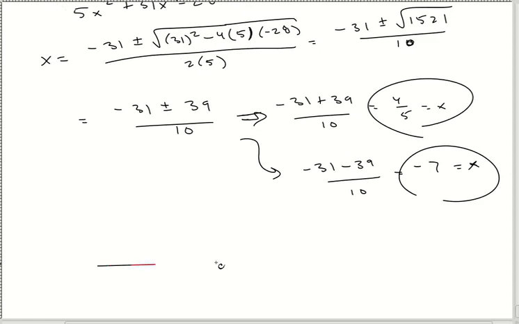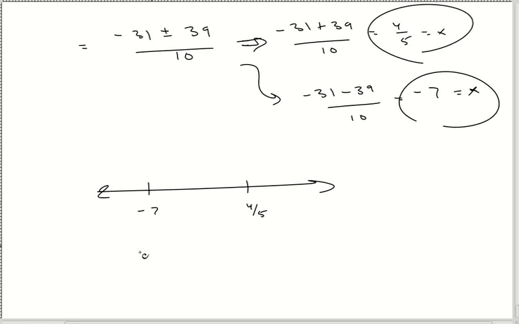Again, I'm going to set up my number line and start testing these intervals. So I got negative 7, and I got 4/5. And I want to see some numbers in there. So let's test some numbers. What's an easy number over here? Let's just say negative 8. I'm going to plug it into the original, and that should be less than or equal to 0.